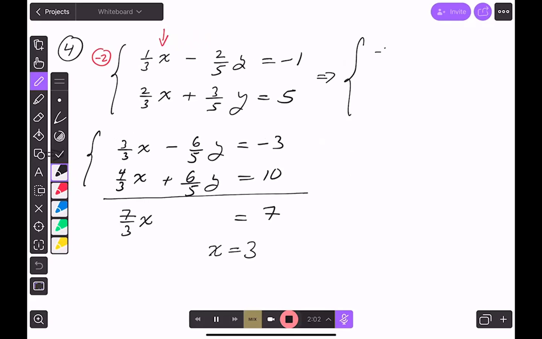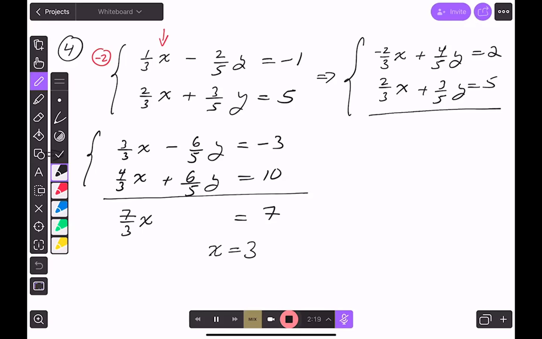Let's see, minus 2/3 x plus 4/5 of a y is equal to 2. 2/3 of an x plus 3/5 of a y is equal to 5. Add them together. Well, the x's disappear. What do you get? 7/5 y equals 7.